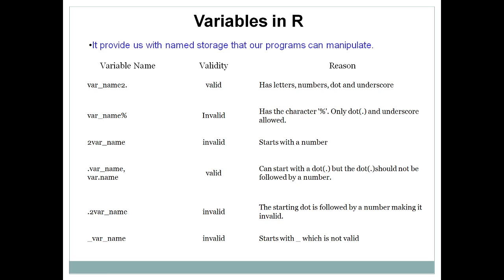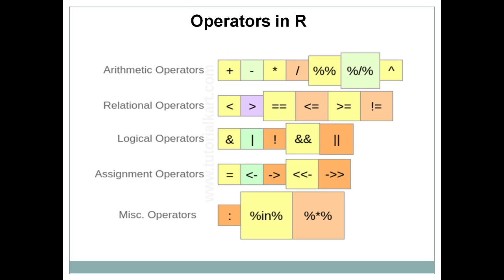Next, you should know what the different operators used in R are. R supports various kinds of operators such as arithmetic, relational, logical, assignment and miscellaneous operators. First, the arithmetic operators, which you are already familiar with: plus, minus, multiplication, division.